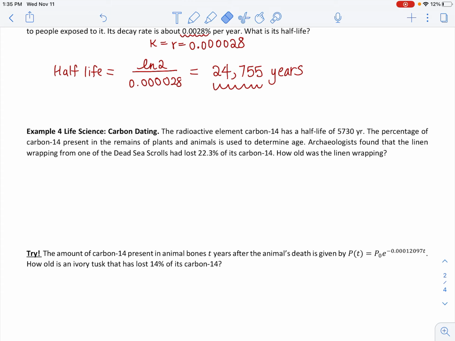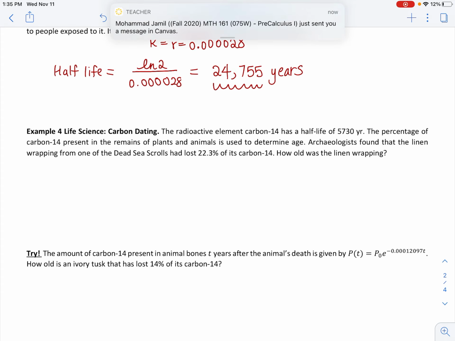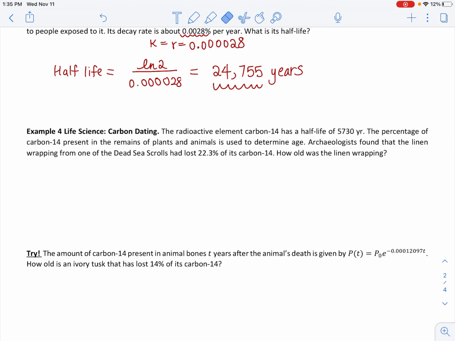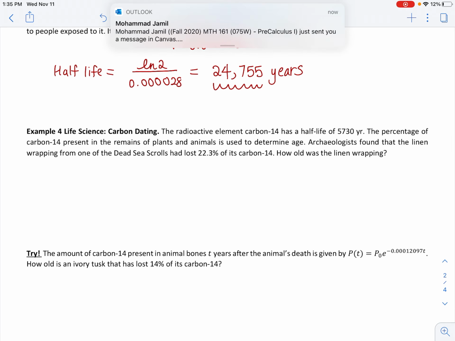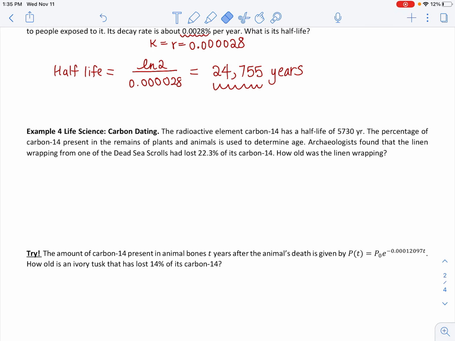Carbon dating. The radioactive element carbon-14, that's a popular element, has a half-life of 5,730 years. So it's going to take carbon-14 this many years to become half of what it used to be. The percentage of carbon-14 present in the remains of plants and animals is used to determine age.